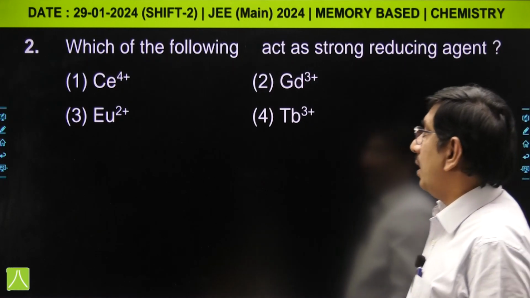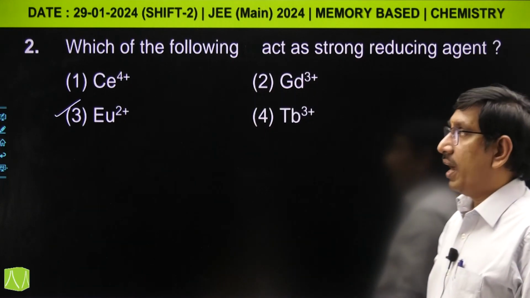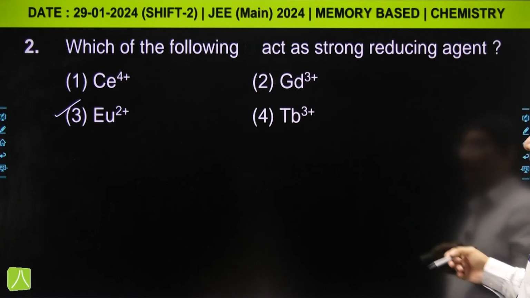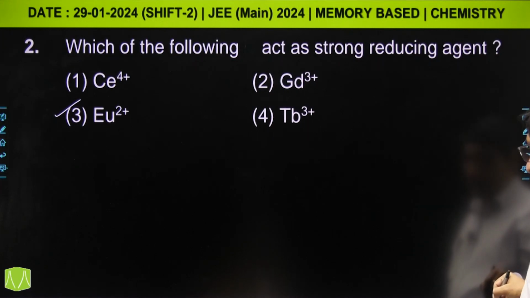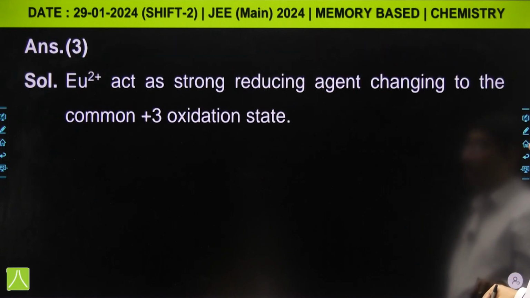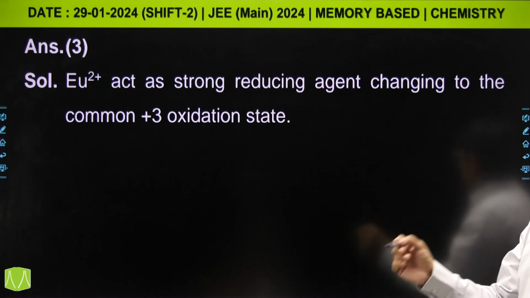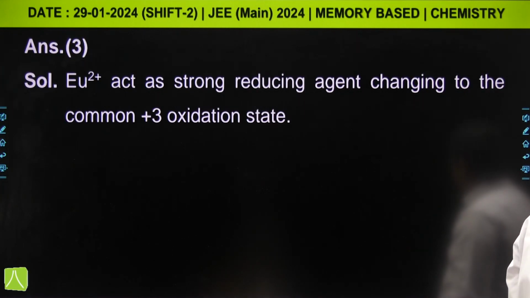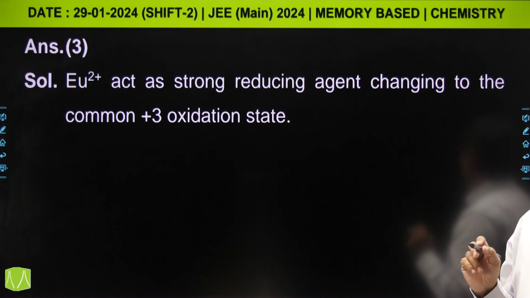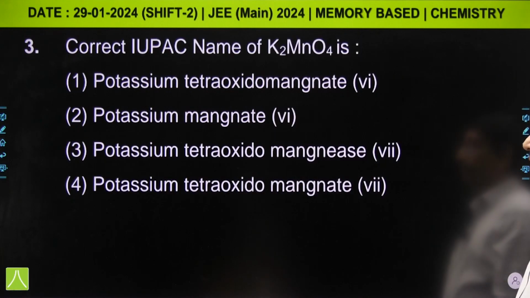In this, the strong reducing agent is europium 2 plus and cerium 4 plus is oxidizing agent, and europium 2 plus, even though it is having 4f7 configuration, it converts to +3 oxidation state and act as the strong reducing agent. These are the direct lines written in the NCERT. So, you have to read the NCERT lines, then only this type of questions you can answer.